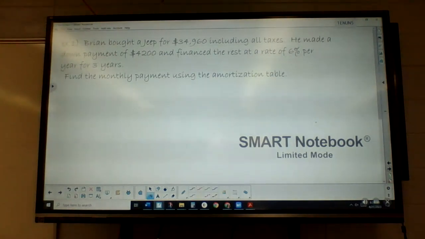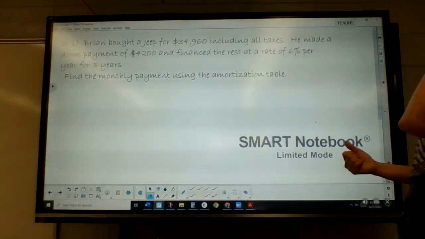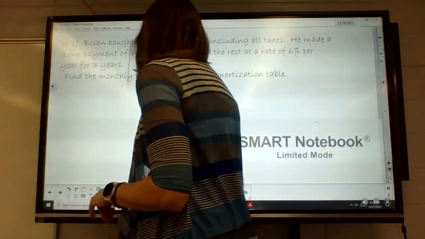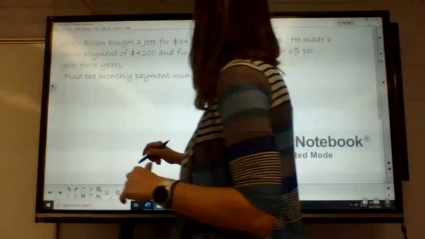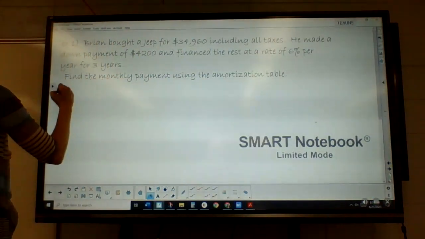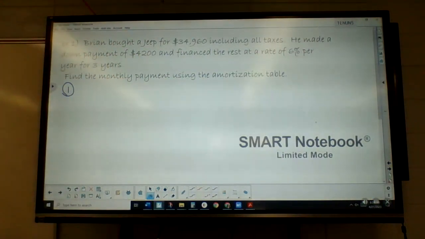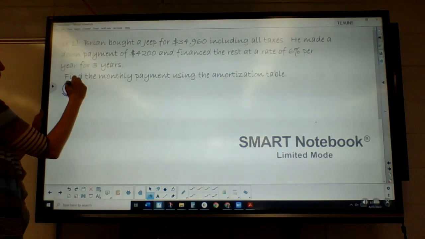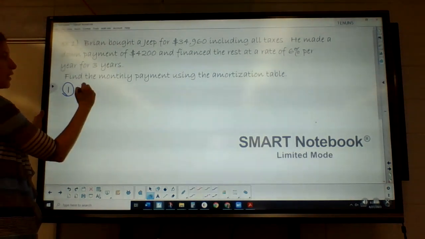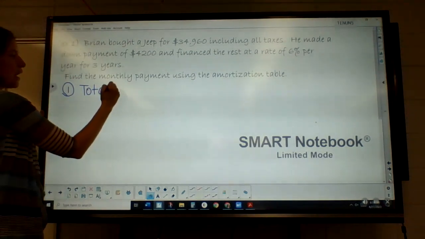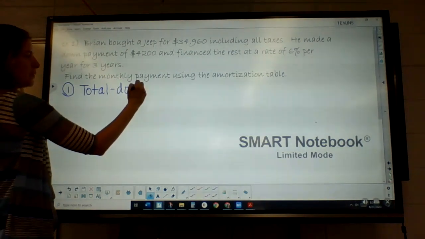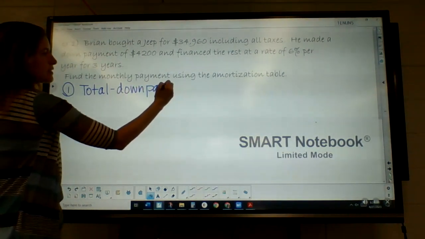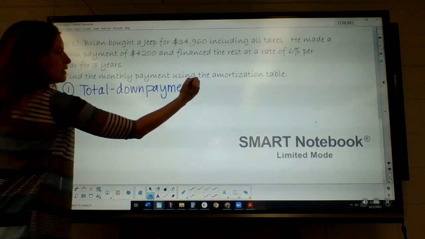So we have to figure out, first of all, how much is being financed. Step one is going to be figure out how much is actually being financed. You're going to subtract the total minus the down payment. So this is similar to what we did yesterday.